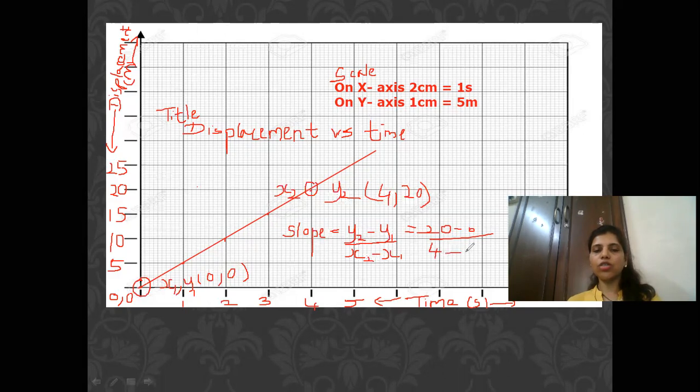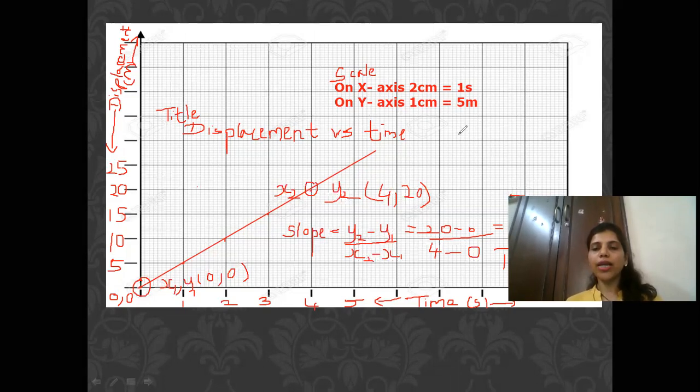Okay, children. So now here you can see 20 minus 0, you are going to get 20 upon 4. So you will cancel this and write 4 ones are 4, 4 fives are 20. So what do you get? The average velocity, because from any point you find the velocity, it is going to be the same.